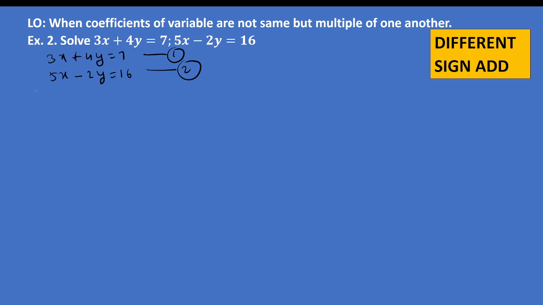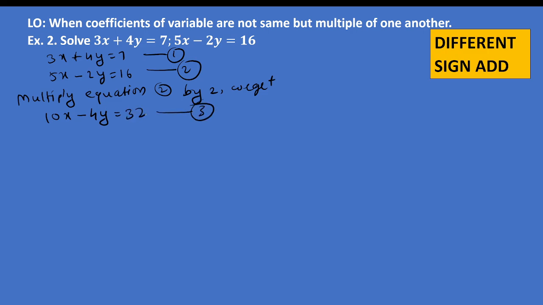So what we are going to do here is multiply equation 2 by 2. So what do we get here? We get 10x minus 4y equals 32, and I am labeling this as 3 because it is a new equation.